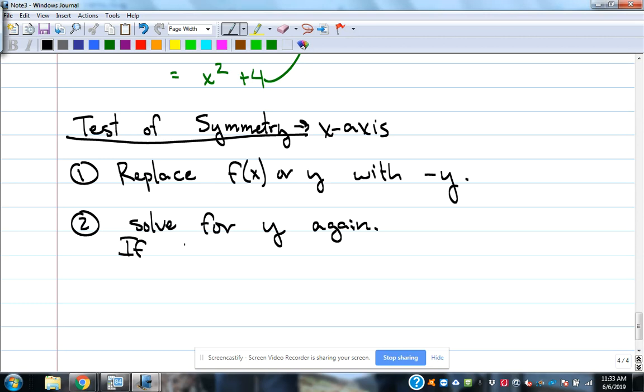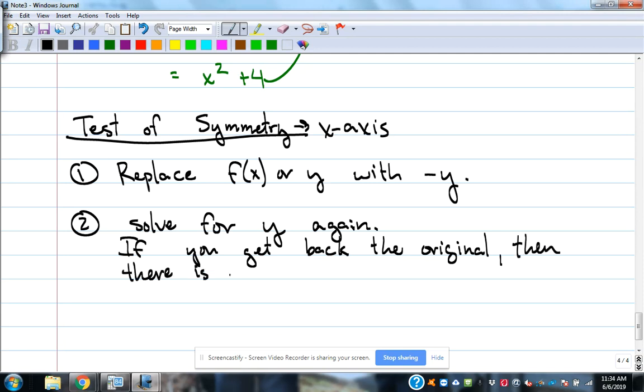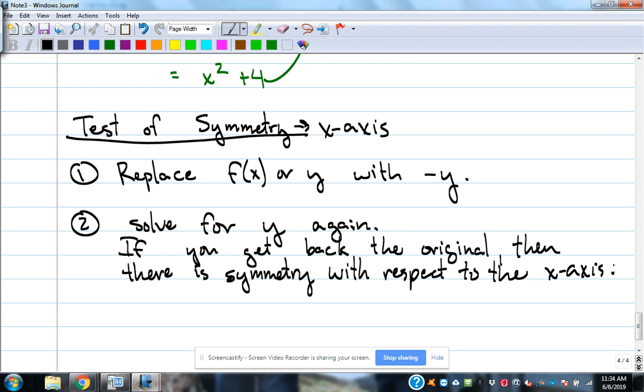Same rule: if you get back the original, then there is symmetry with respect to the x-axis.